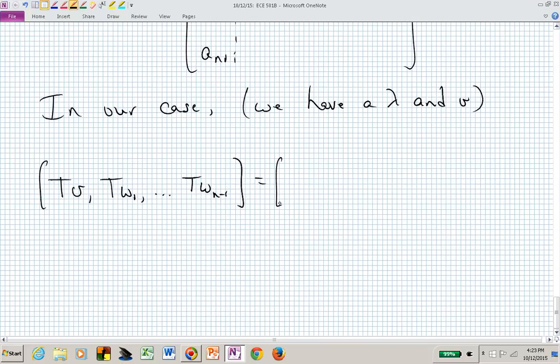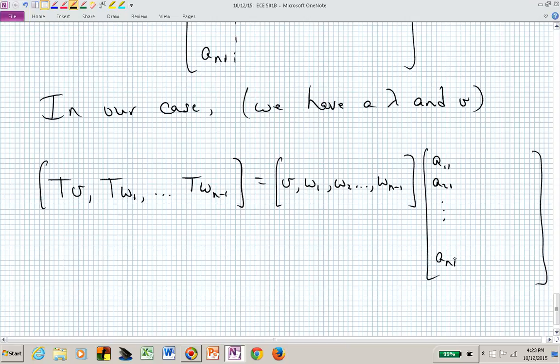And we now know that the matrix A is some linear combination of those basis vectors, where this is now A11, A21, AN1, this is A12, A22, etc., AN2, and we just keep going.